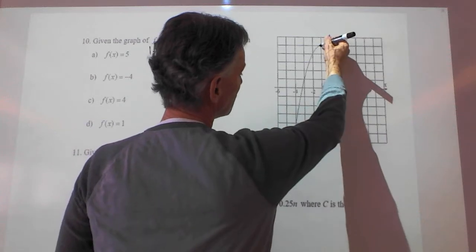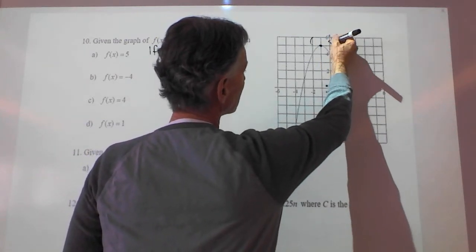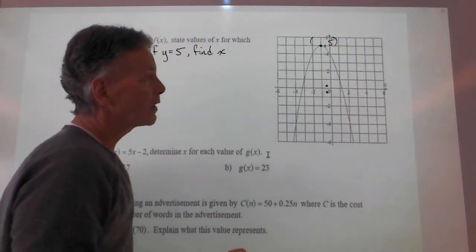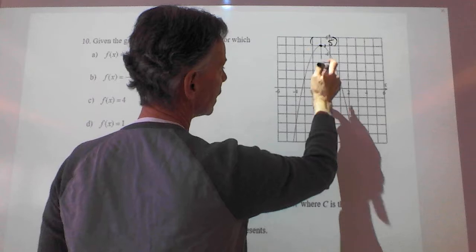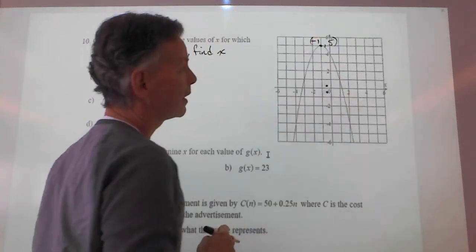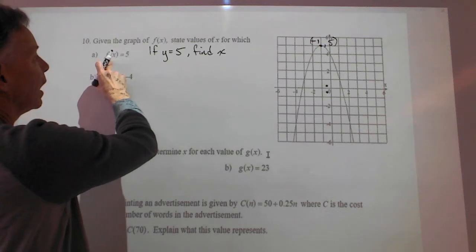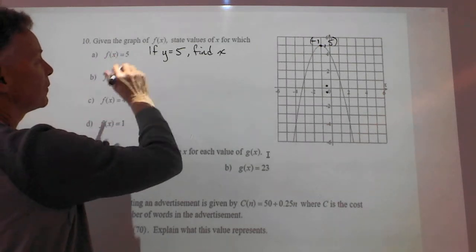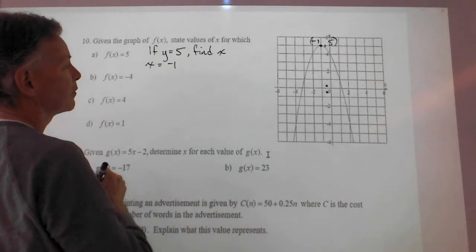That's 5 above the x-axis. Well, when y equals 5, what does x equal? Well, this point is 1 to the left, or negative 1. Okay? So, when f at x equals 5, x equals negative 1.